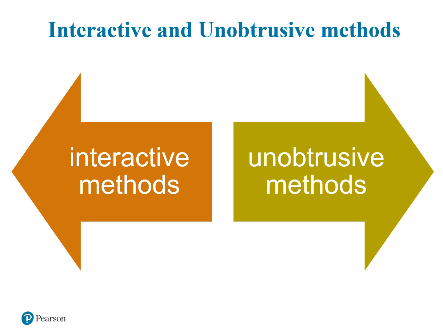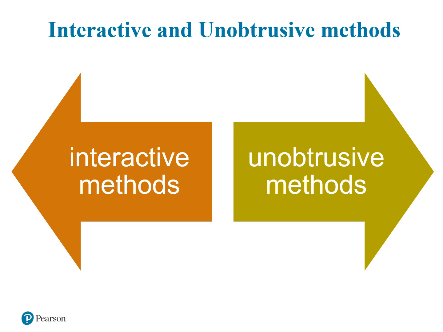So we have interactive methods, which interact with the respondent, such as the interview and questionnaire, and so on, or unobtrusive methods, where we gather information indirectly without interrupting or interacting with the human.